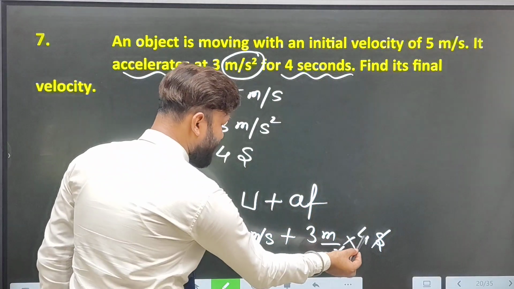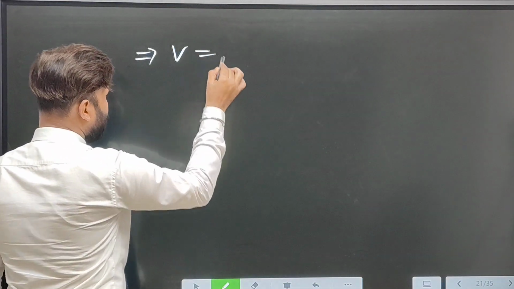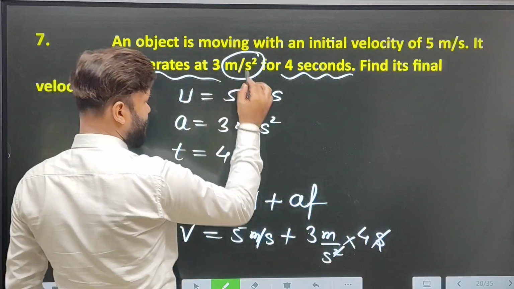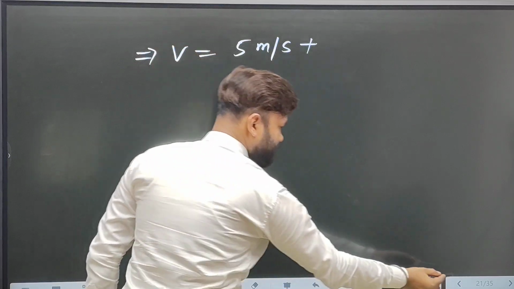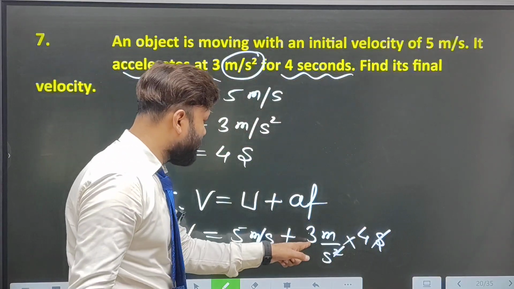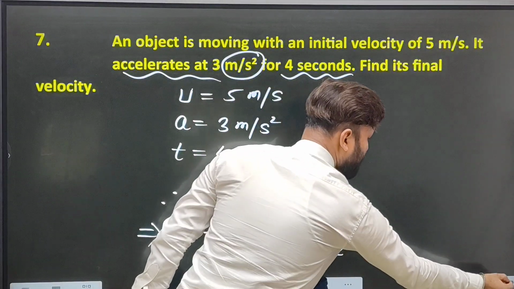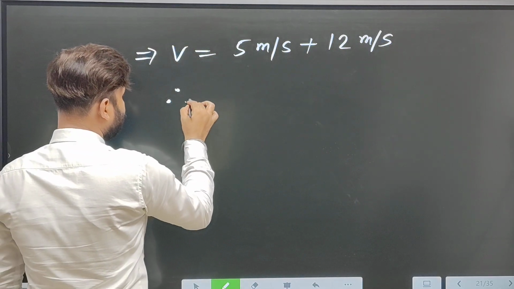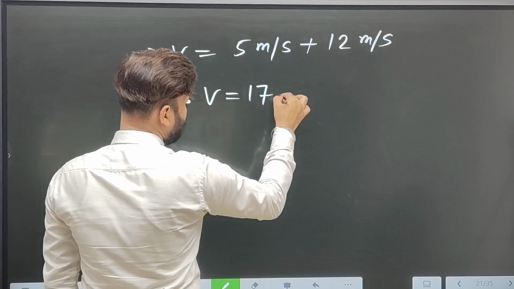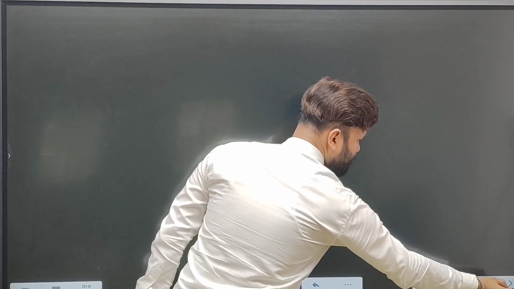So 4 threes are 12 meter, and 1 second is remaining there. So v is 5 meter per second plus 4 threes are 12 meter per second. 12 and 5, 17 meter per second. This is the answer, student.